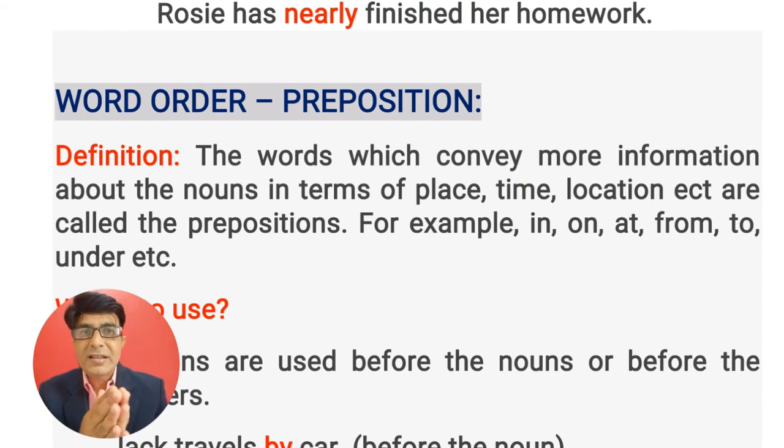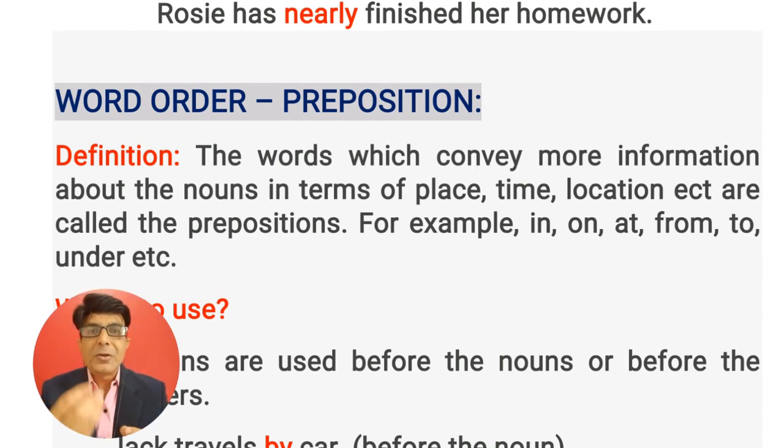Preposition. Pre means before. The word which is used before the noun is known as a preposition. It gives some more information about the nouns in terms of place, time, location, and so on.